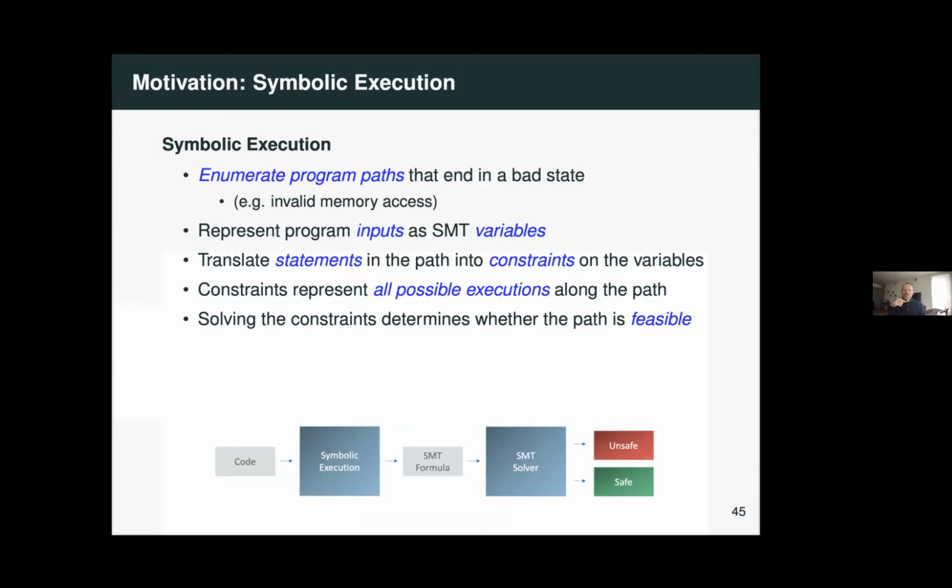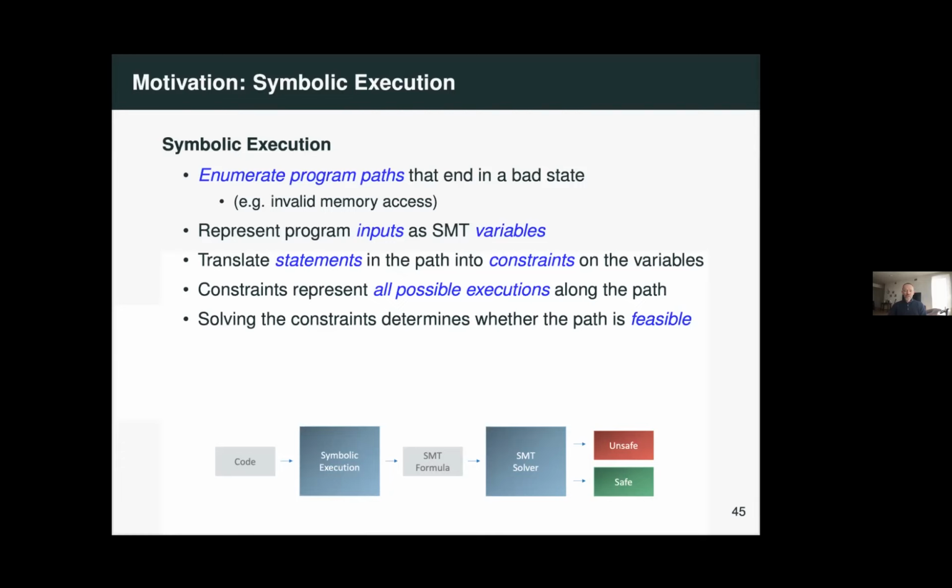Then you represent the program inputs as variables and translate the statements along the path into constraints on the variables. These constraints represent all possible executions along that path. And solving the constraints determines whether the path is feasible. If you do this for all of the paths, you can check whether any particular program point is reachable.